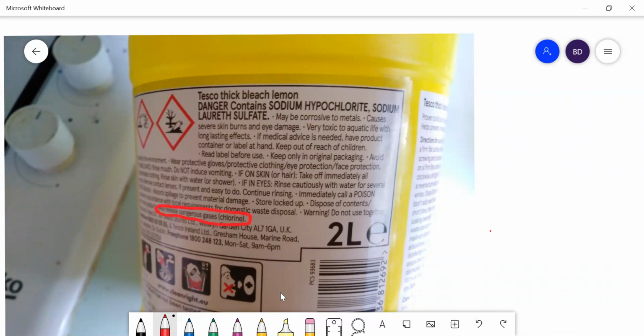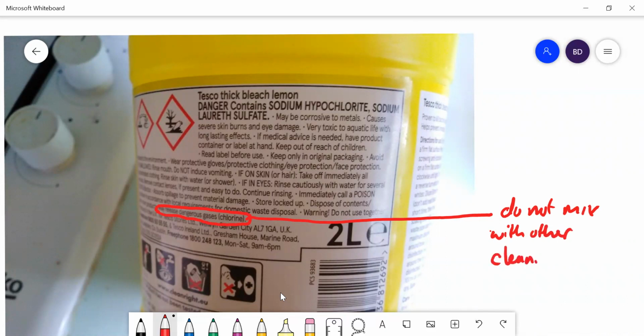And if you could read the bit of the label which is out of view, it says do not mix with other cleaners. The reason they say that is because quite often other cleaning things contain acid, if you're getting rid of lime scale. Now let's think about what would happen if we added acid to a solution of bleach. Why will it release chlorine gas? We can explain that.